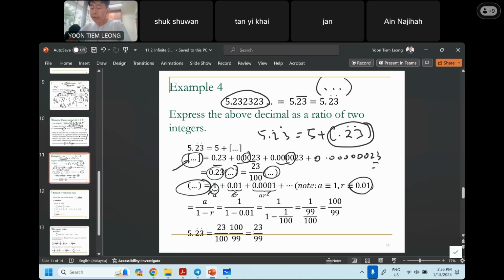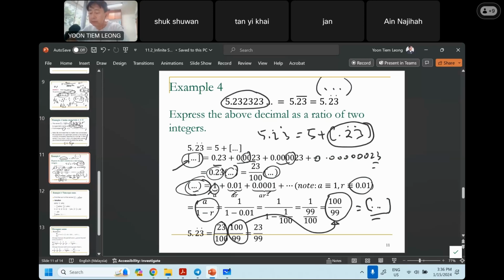So now you can obtain the sum of the geometric series as just equal to a over 1 minus r. Once you slot in the values of a and r, you'll be able to obtain the exact expression that represents the recurring decimal, which is just 23 over 100 times 100 over 99, where this 100 over 99 is just the sum of the geometric series.